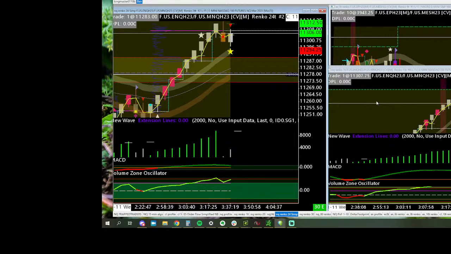I don't have conditions where it says if I can get 6 or 7, and it looks like it's going to reverse on the DOM, that I can exit. I don't play those games anymore. That first 10 points is either filled or not. I'll do it with my runners, but I won't do it with the first target.